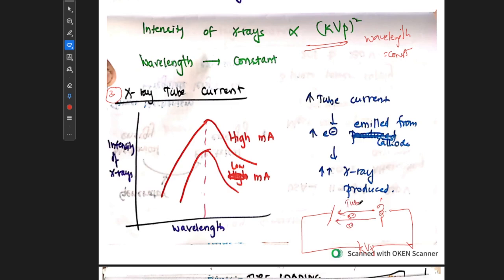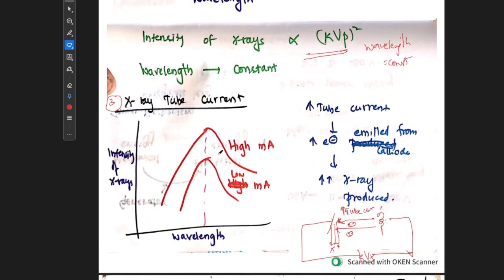So as the tube current increases, more electrons are emitted from the cathode, so more X-rays are produced. This is measured in milliampere second: as the tube current increases, more intensity of X-rays is produced.